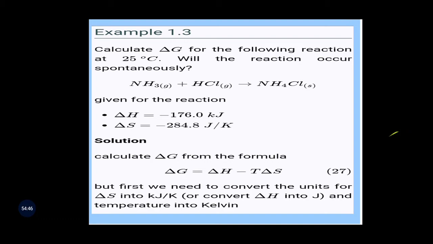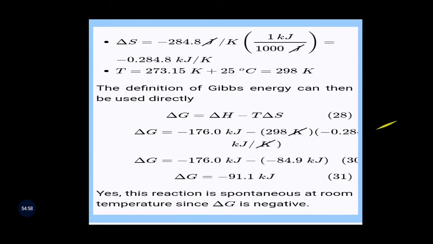So when we put this back into the formula, delta G equals delta H minus T delta S. When you convert your entropy into kilojoule, we have minus 0.2848.